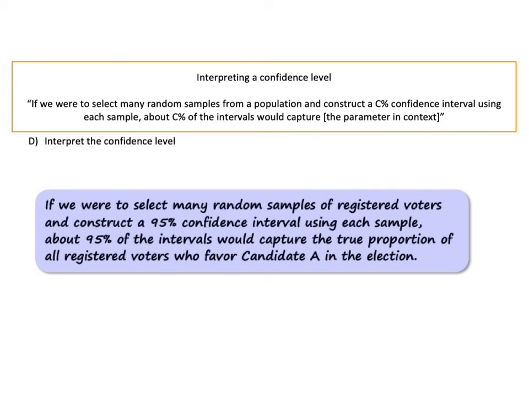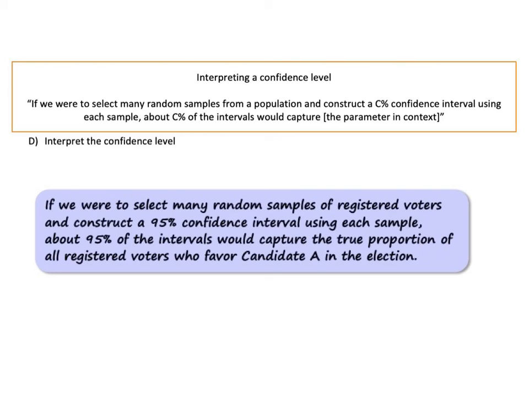Okay, so I'm talking about my confidence level. If we were doing a 90%, you would just state if we were to do this many, many times, select many random samples of registered voters and construct a 90% confidence interval using each sample, about 90% of these intervals would capture the true proportion of registered voters who favor candidate A in the election.